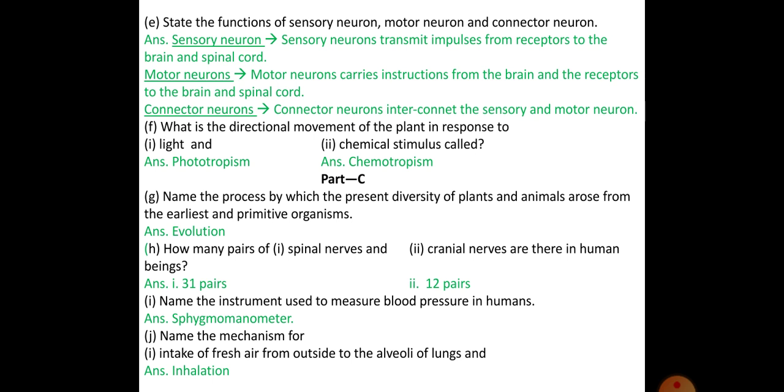What is the directional movement of the plant in response to light? That is phototropism, and in response to chemical stimulus it is called chemotropism. Name the process by which the present diversity of plants and animals arose from the earliest and primitive organisms.